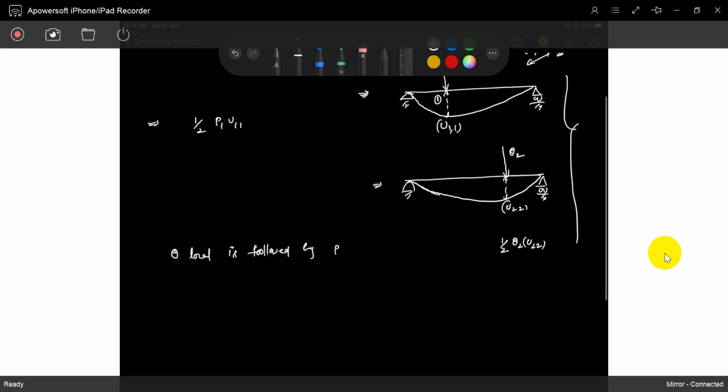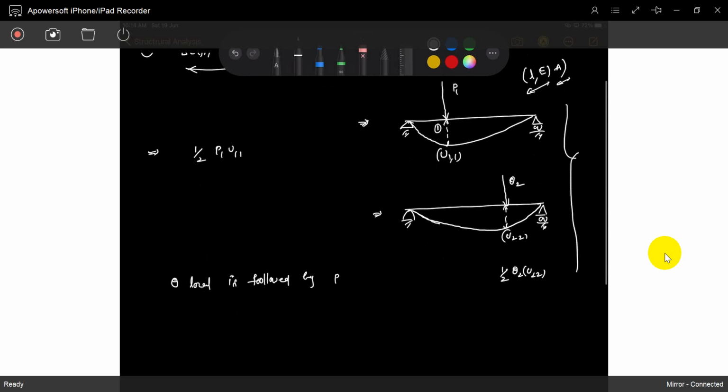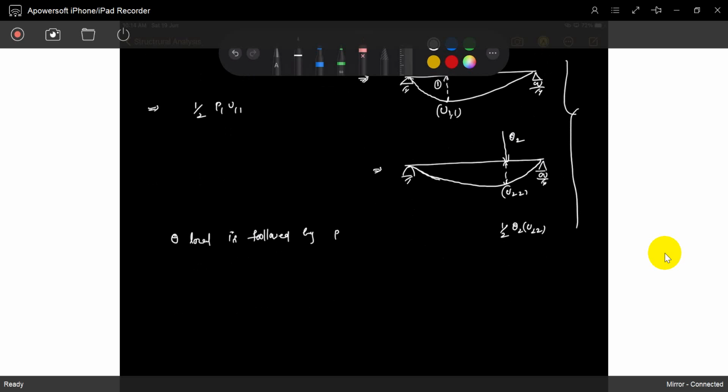First apply a P load. The work done is half of P1 into delta 11.